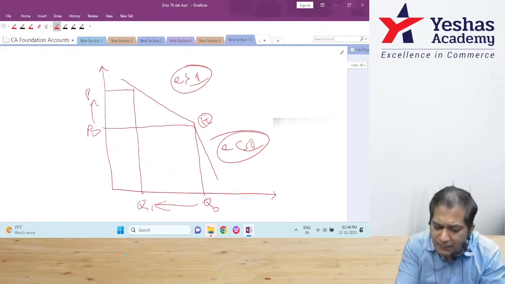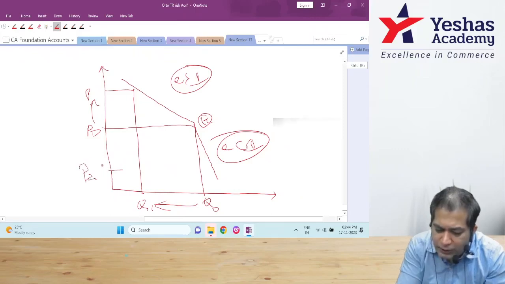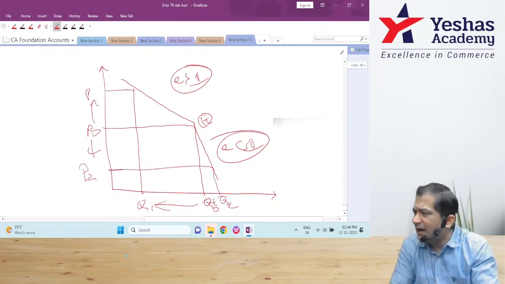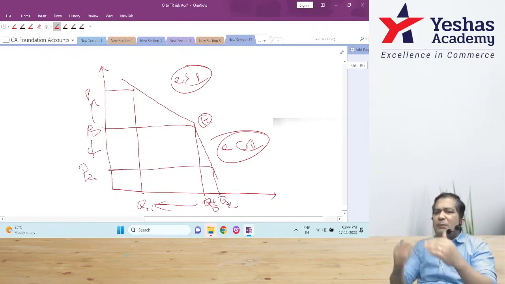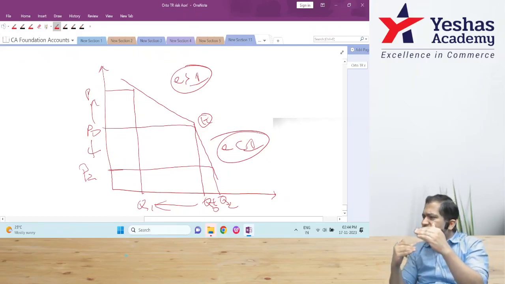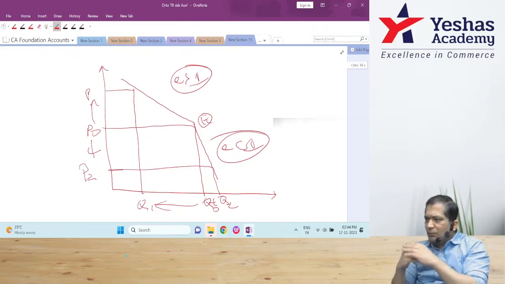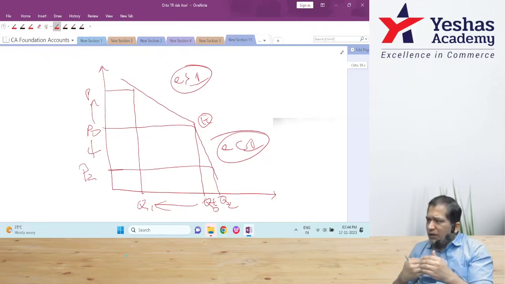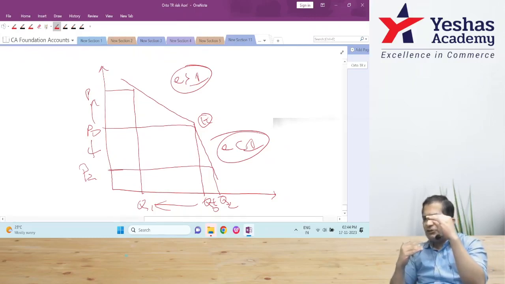But when I decrease the price from P0 to P2, you see demand increases from Q0 to Q2 by a small margin. It means demand is inelastic. Why? Because the moment I decrease the price by 40%, you people will start losing your customer. The moment you realize what is happening to you, you will also decrease the price. So it means the customer will flow to me only till the time there is a price differential.